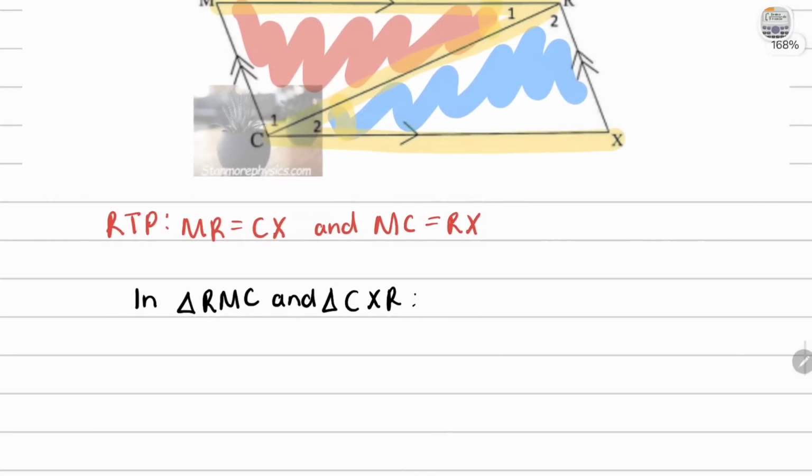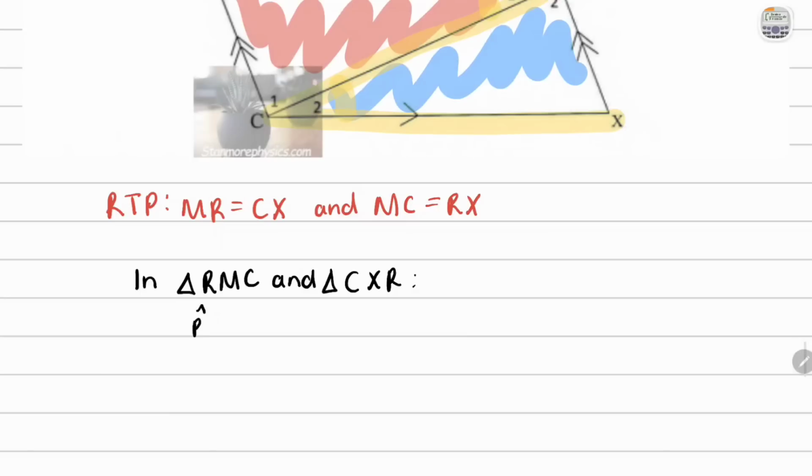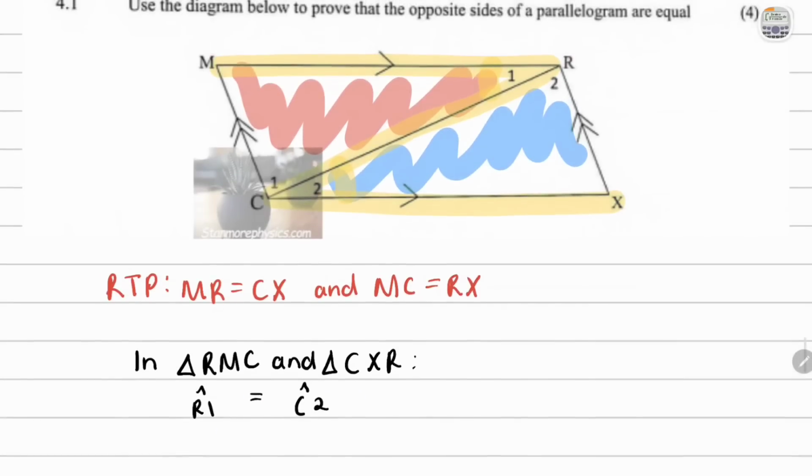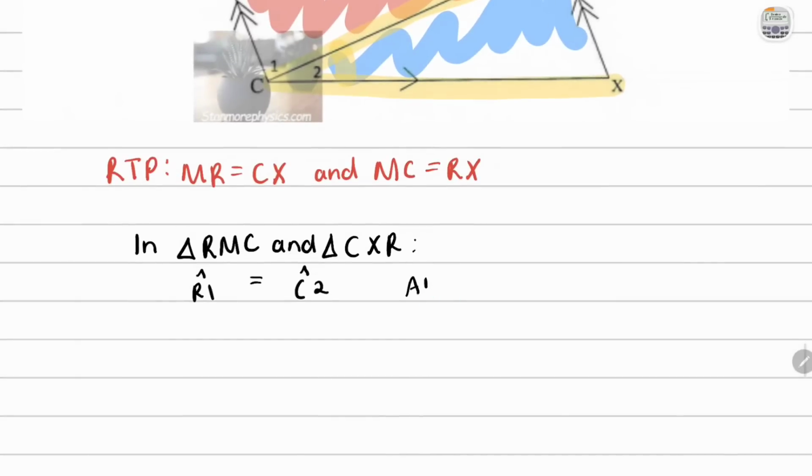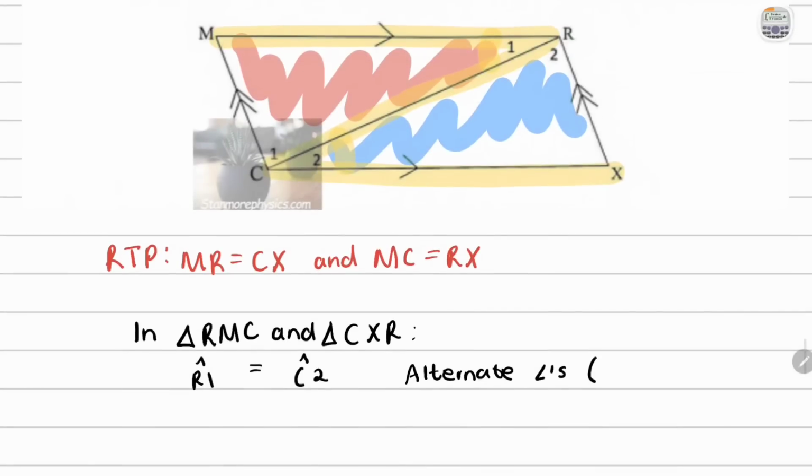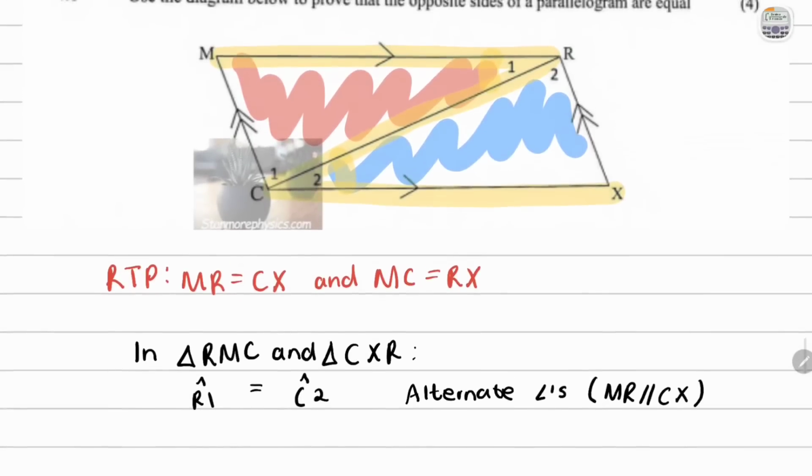So we tell them that angle R1 in this triangle is equal to angle C2 in the other triangle. And why are they equal? They're equal because we have alternate angles on parallel lines, and you can just tell them the lines that are parallel. This is really for grade 11 and 12. It helps if you work with it like that, naming the lines that are parallel. So tell them this is because MR is parallel to CX. Those two lines are parallel. So that's the first one that we have.